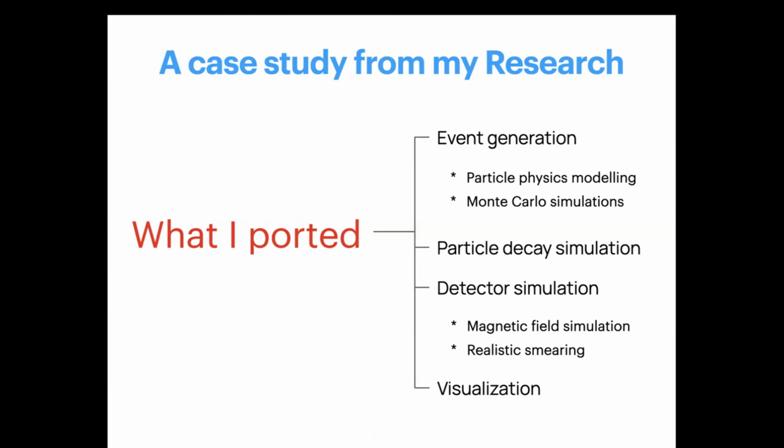The other computing-heavy part is the detector simulation, where we model things like the magnetic field and how it affects the particles. And then of course, finally, visualization and reconstructing these things. These are the modules that I ported from my C++ and Python code base to a pure Mojo code base.